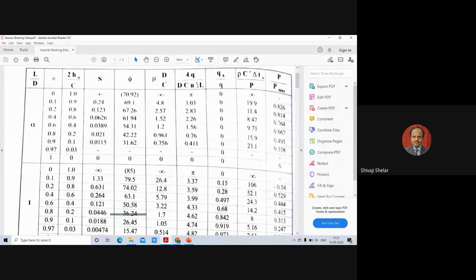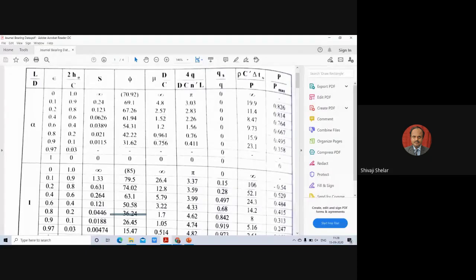I have told in the previous session that this is equal to capital Q upon RCNL. So it is very similar to that. Here they are using D instead of R, so D is equal to 2R. Instead of small c, they are using capital C, so capital C is equal to 2 small c. So this 2 into 2 and this 4 will get cancelled out.